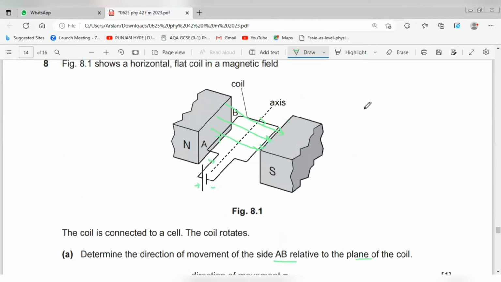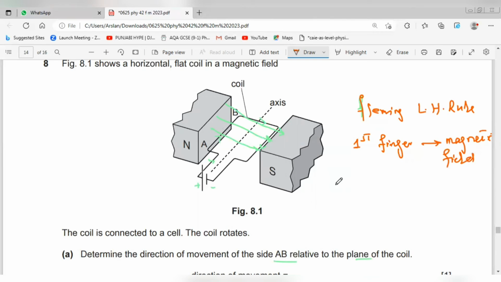If you apply Fleming's left hand rule: if your first finger is in the direction of magnetic field, second finger is in the direction of current, the thumb will indicate the direction of force.